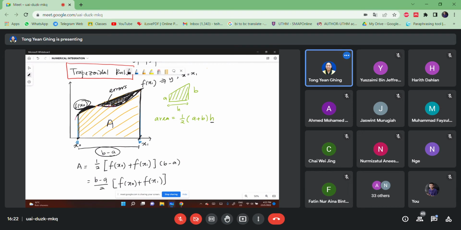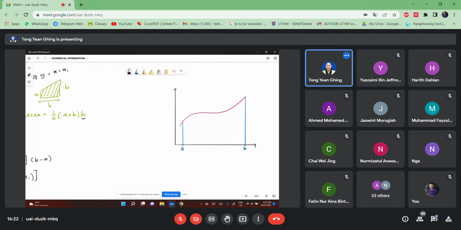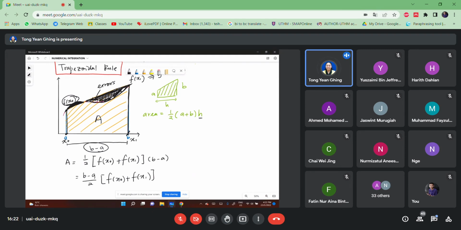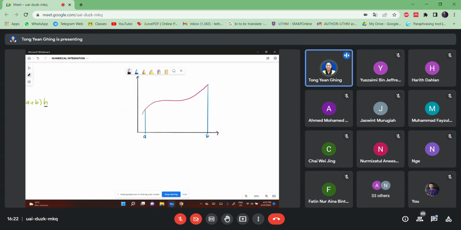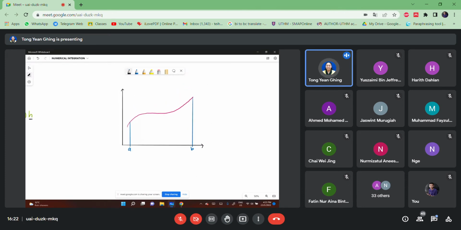Okay, I go to this one, the same graph. Before, we calculated in one segment, the area of A. Now I divide it into several segments, let's say 4 segments.